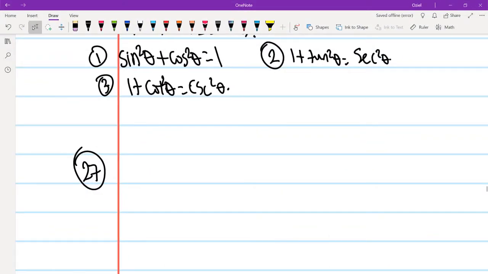So if we actually draw a triangle, I'm going to try to draw a triangle. And let's say that here's our 60 degrees.